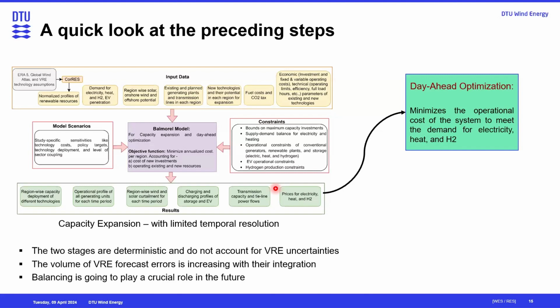So a 20-year-old or 30-year-old thermal power plant, you would only decommission if there is a huge fuel tax or a CO2 tax. So we also have those regulatory and political inputs. And then we have the economic inputs as well: economic parameters, efficiency, full load hours, and technical parameters, all those things for each technology.